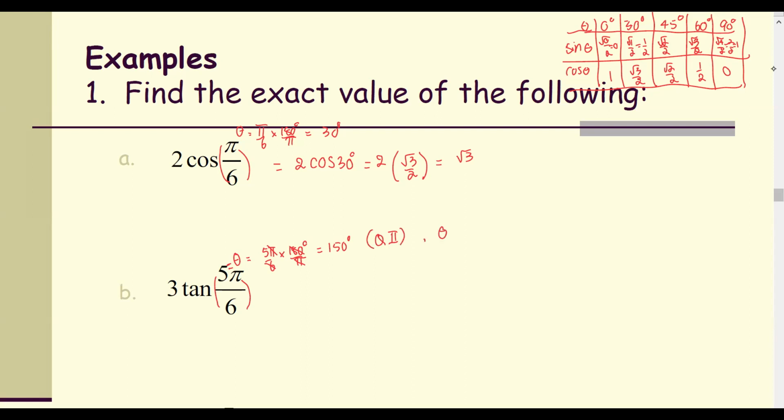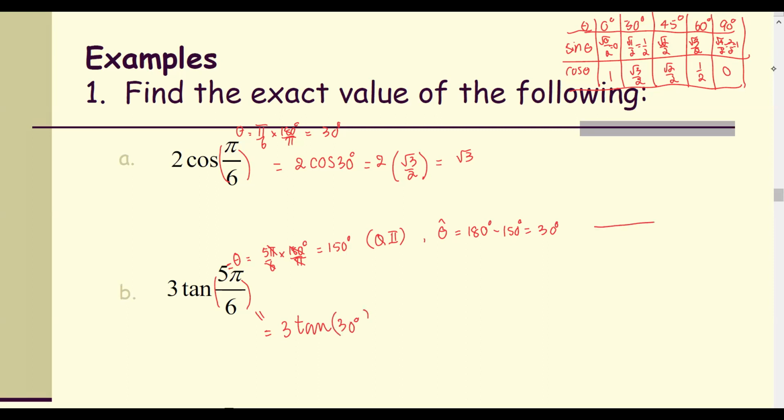Therefore, the reference angle in this quadrant is computed by the closest x-axis subtracted by the angle theta, which is 30 degrees. Therefore, we are going to find 3 times the tangent value of 30 degrees.